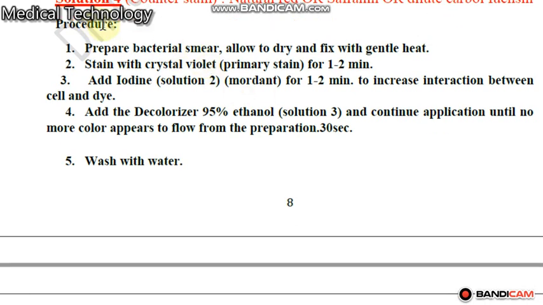The procedure of a Gram stain is: prepare the bacterial smear, allow it to dry and fix with gentle heat.